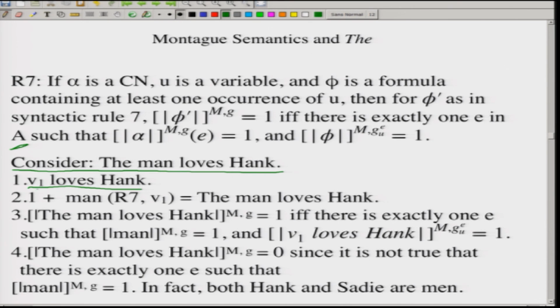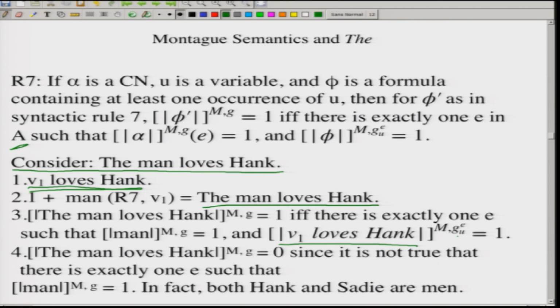We are starting here, that is V1 loves Hank, and then we just add man to that, and we apply R7, this rule, and we make the man loves Hank. It is true if and only if there is exactly one E such that E is a man and the value of V1 loves Hank is 1.